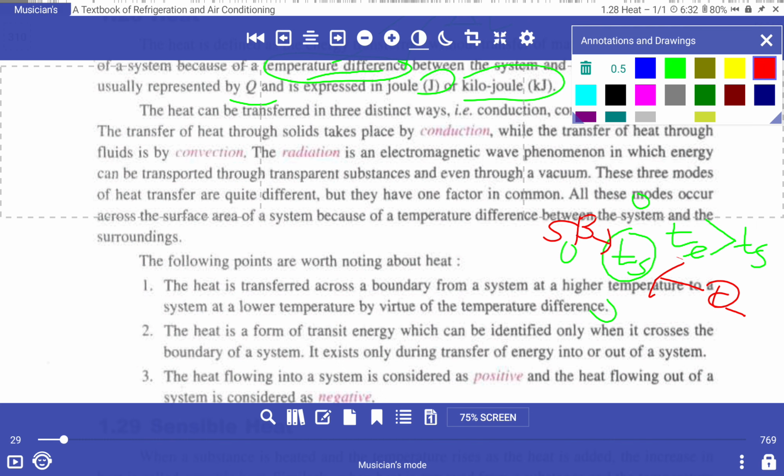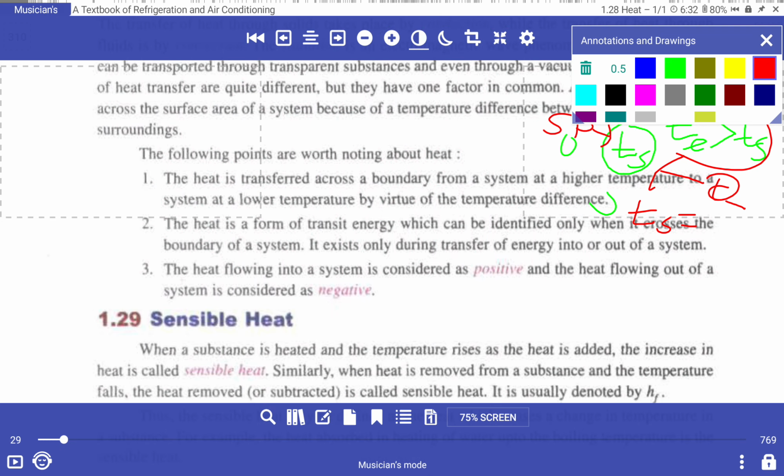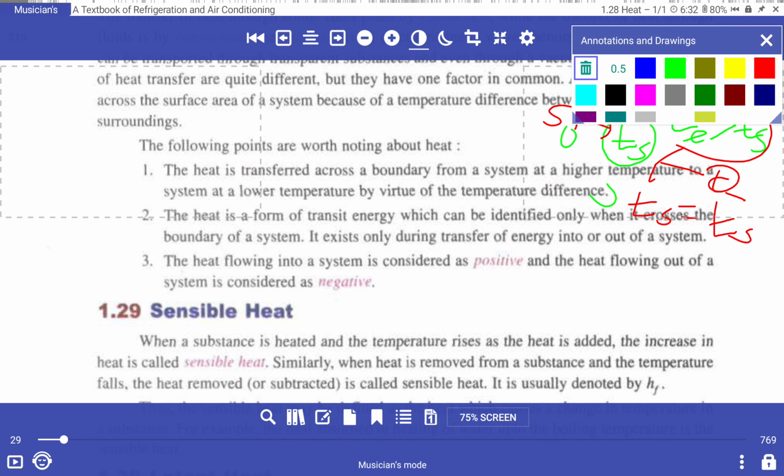If the temperature of the system, Ts, is equal to the temperature of the surrounding, sorry, environment, then there is no transfer of energy.